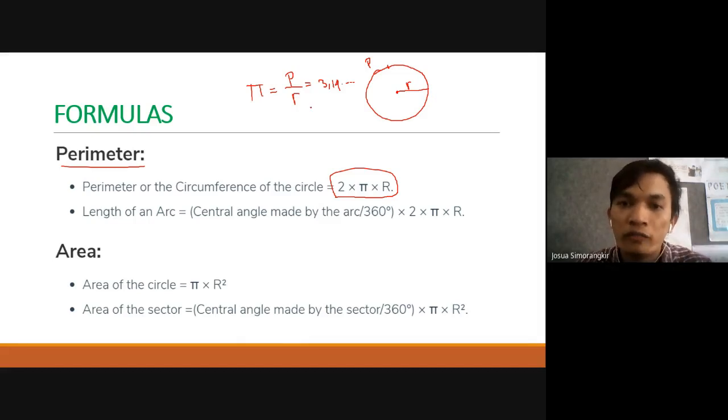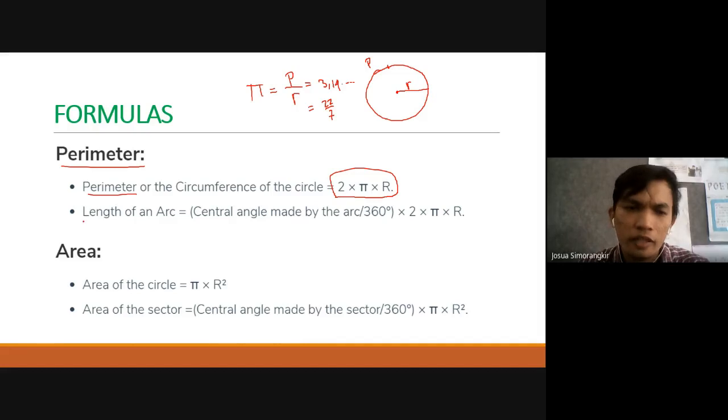To make it easier to calculate, very often we use the fraction 22 over 7. So this is the value of pi. To find the length of the perimeter without measuring it manually, we can use the formula 2 multiplied by pi multiplied by the radius.